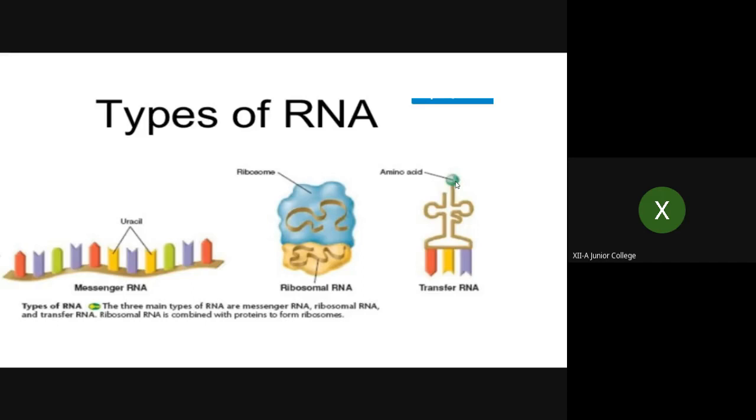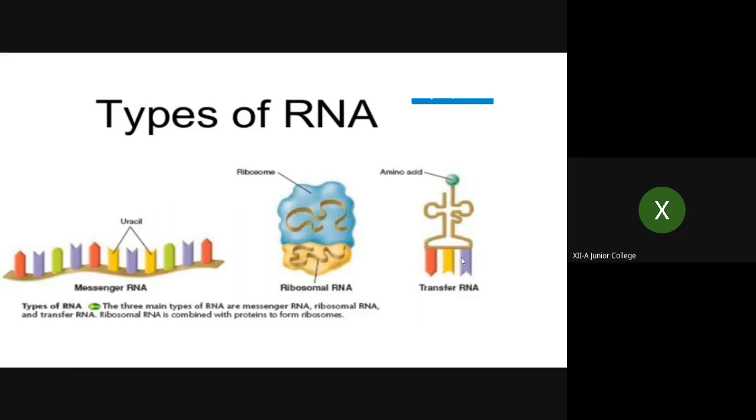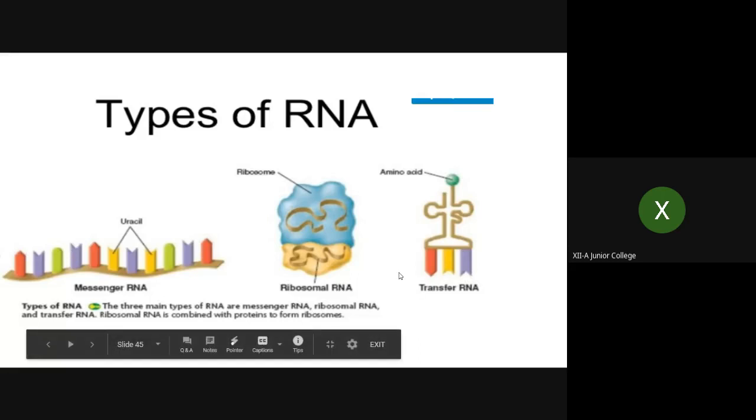This is also called the amino acid acceptor arm, because the amino acid required for protein synthesis gets attached to this long arm which ends with the 3' end. Opposite to this arm there is a loop called the anticodon loop. Whatever nucleotides are present on this loop should be exactly complementary to the codons on mRNA, which is required for protein synthesis.